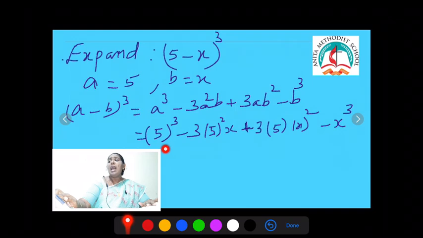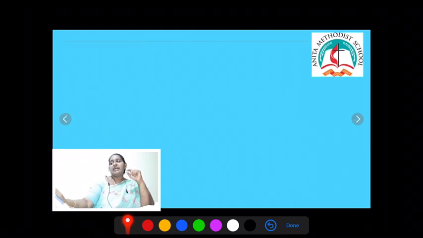Okay. After applying, 5 cube, how many times will you multiply? 5 into 5 into 5. What is the answer? 125. Okay. 3 into 5 square. What is 5 square? 5 into 5, so you will get 25. And 3 fives are 75, minus, and x cube.